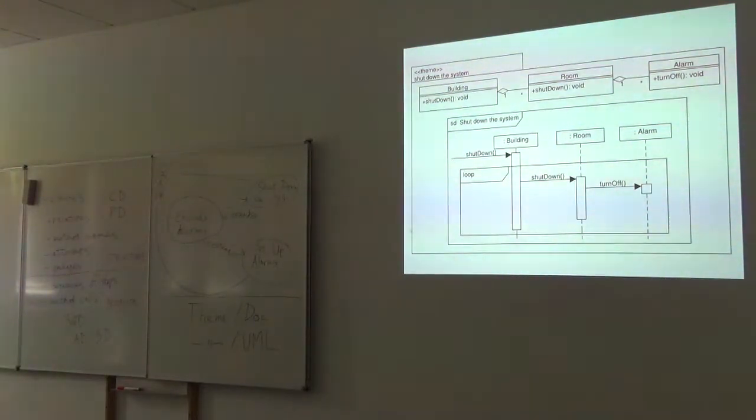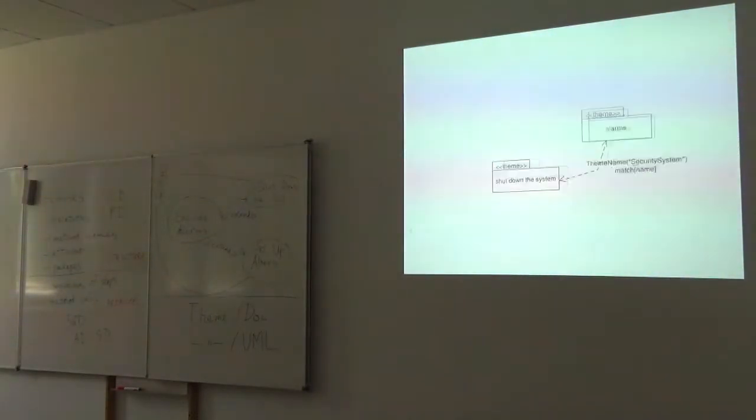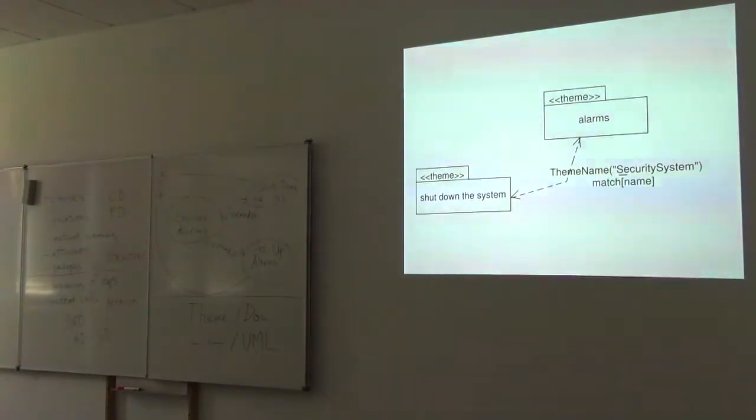Now that we have this partial view, one and the other one, or several partial views, for the system to function properly, we need to compose them, just like your aspects in your code.